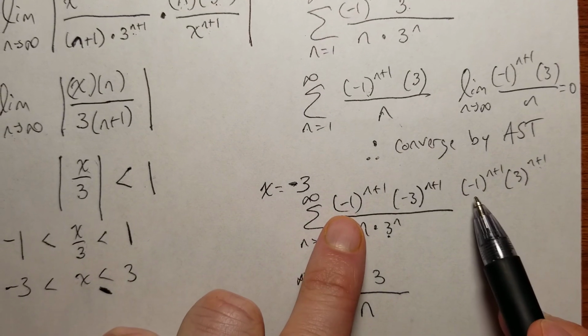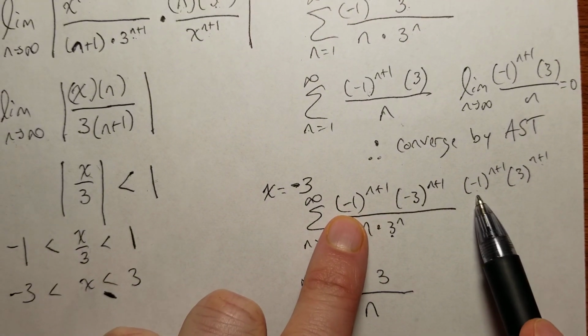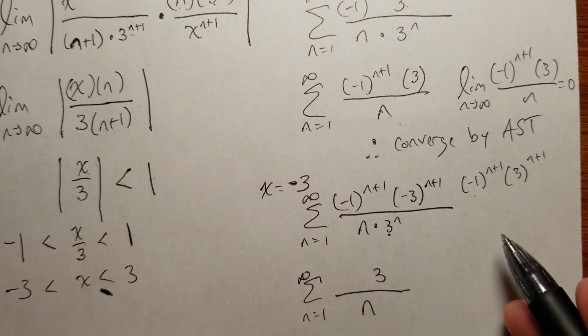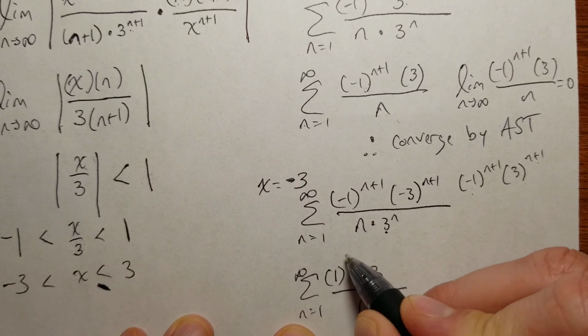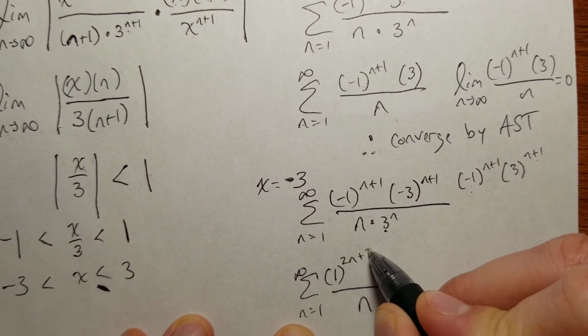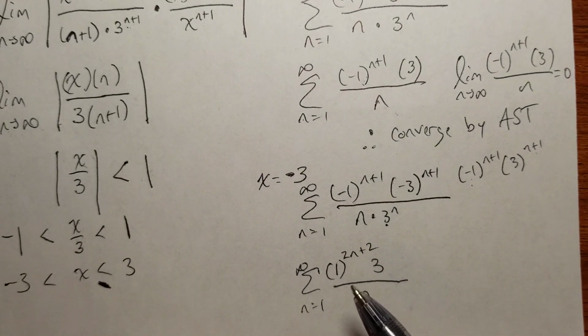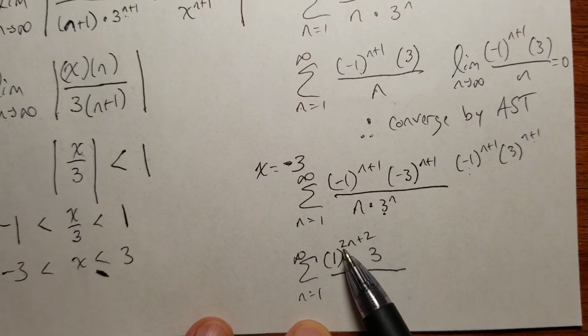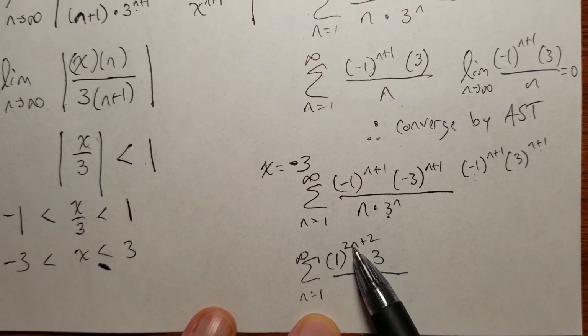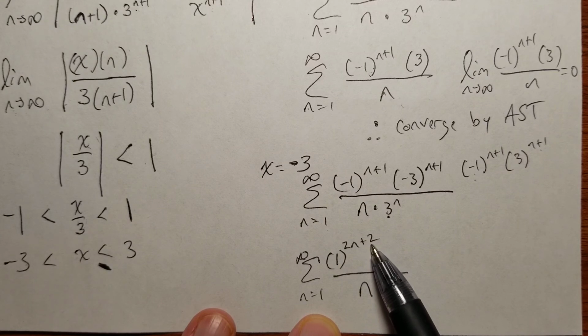But let's take a look at what happens here. -1 to the n plus 1 and -1 to the n plus 1, they're like bases, so I can add these two exponents together. That ends up being -1 to the n plus n, which is 2n, and 1 plus 1 is 2. Now, if I were to plug in successive values of n here, 1, for instance, that would be 2 plus 2, which is 4, an even number.